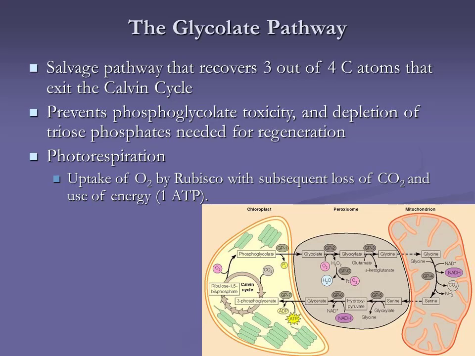But in addition to that, we're going to make sure that this phosphoglycolate, this intermediate that's being produced, is not going to build up to toxic levels inside of the cell and inside of our organelles. So when we look at our Calvin cycle, here comes that phosphoglycolate, and if that builds up to too high a concentration, then it's going to drive a reaction through this enzyme to convert that into glycolate that gets transported into the peroxisome. The peroxisome then has enzymes and materials that can convert the glycolate into glycine.